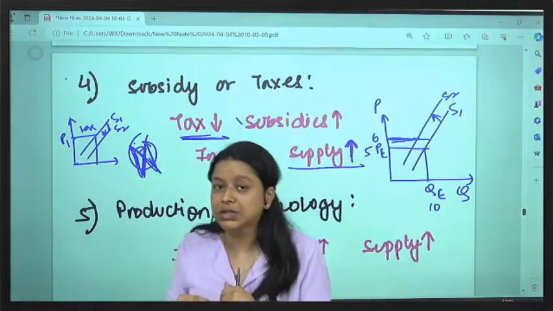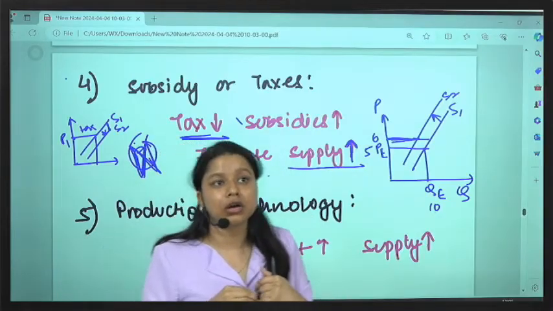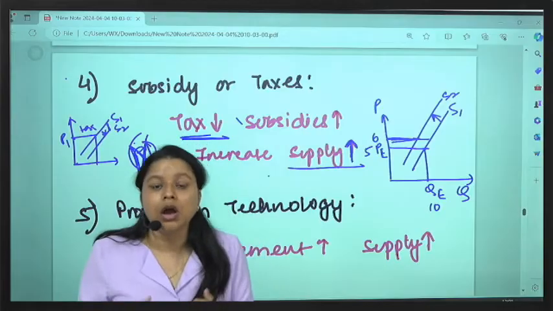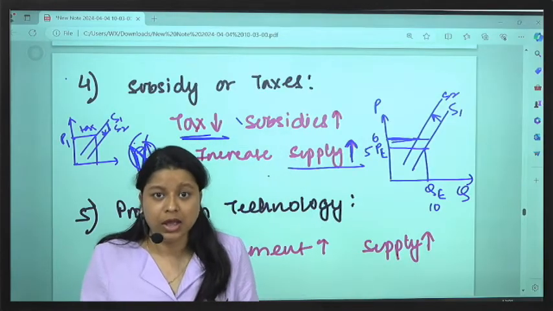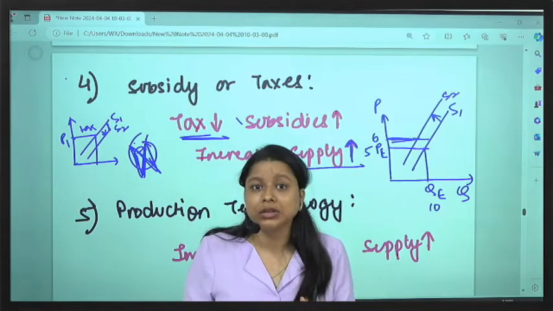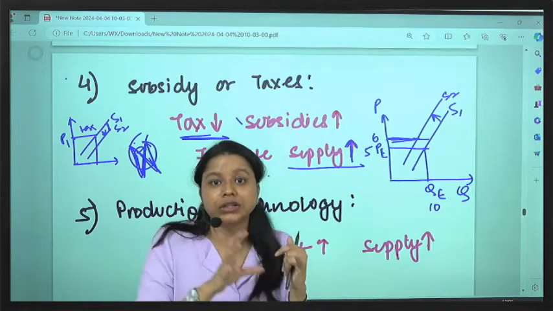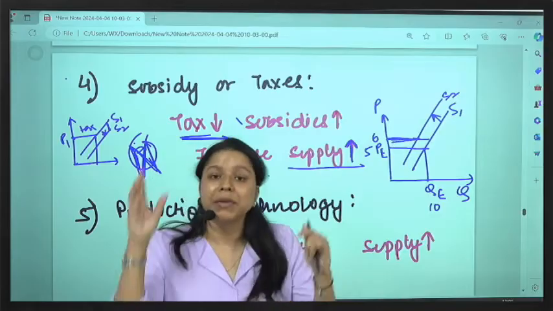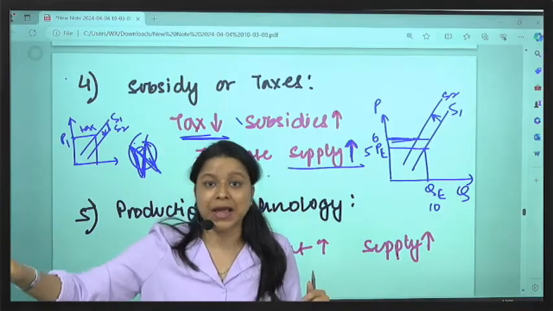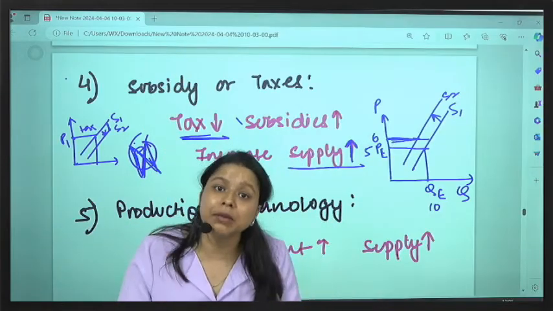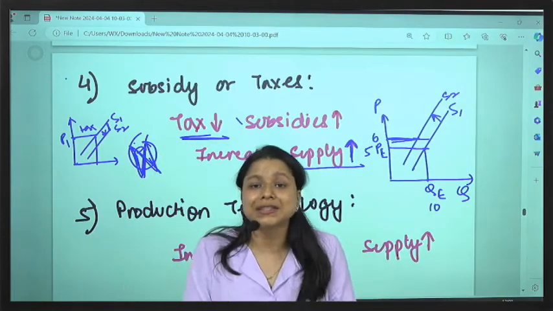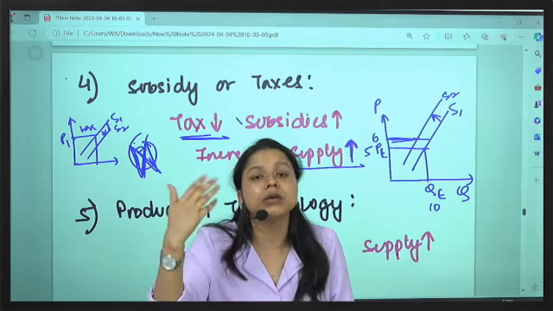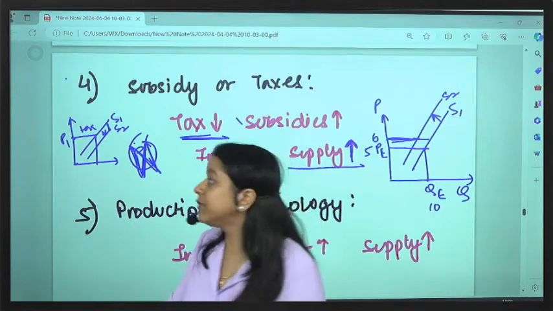If your question in the exam says that the government charges a tax of so many rupees on the supplier, this does not mean that the price will increase by that amount only. Because it is charged directly to the supplier, the burden will be shared by both consumer and producer, and so in that case the price is not rising by entirely the amount of tax. This is something which you need to keep in mind.